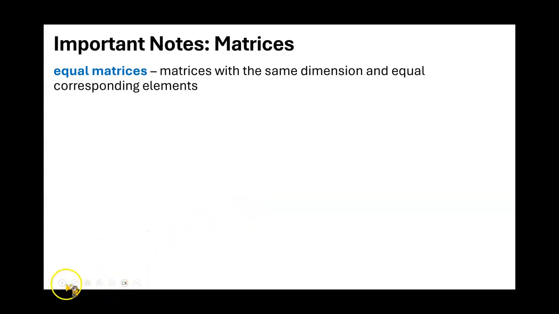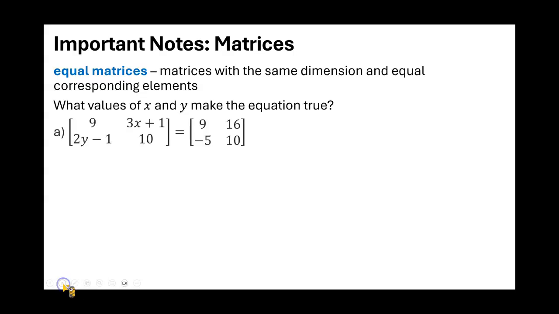For example, if we have a scenario wherein we need to look for values of x and y. Let's have these two equal matrices over here. You can see that we have a 2 by 2, 2 rows and 2 columns matrix.